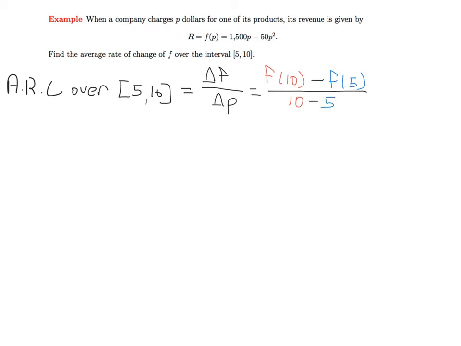Okay, so in general, I get the change in F over the change in the input, in this case, the change in P. So we need to figure out what these values are for the revenue at the start and end points of our interval.